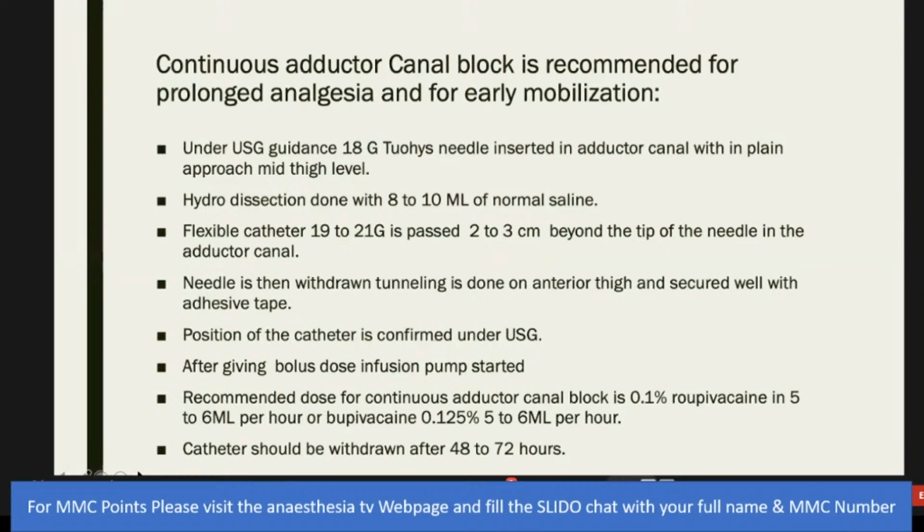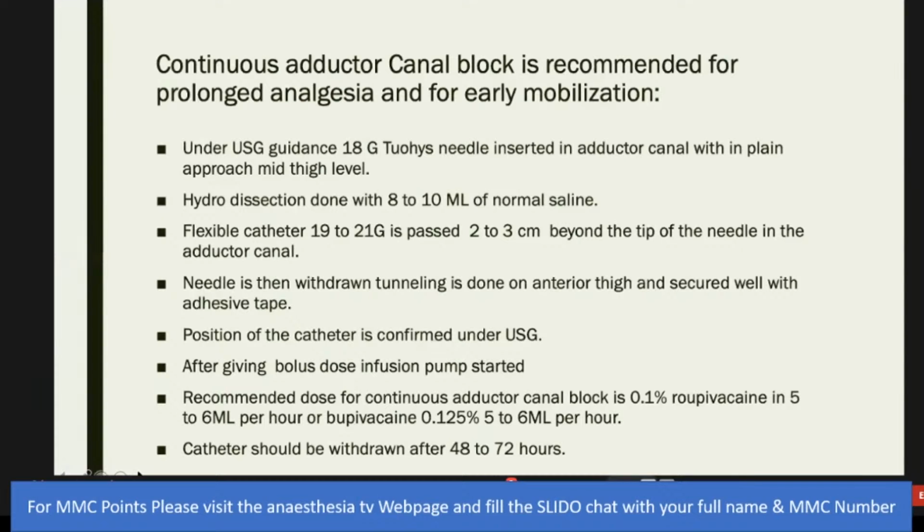The position of the catheter is always confirmed under ultrasonography. After giving a bolus dose, the infusion pump is started. The recommended dose for continuous adductor canal block is 0.1% ropivacaine 5 to 6 ml per hour and 0.1 to 0.125% bupivacaine 5 to 6 ml per hour.